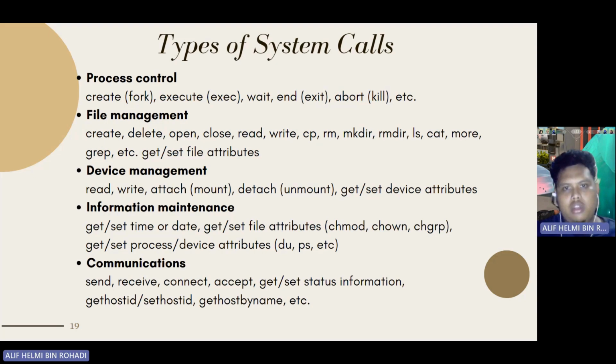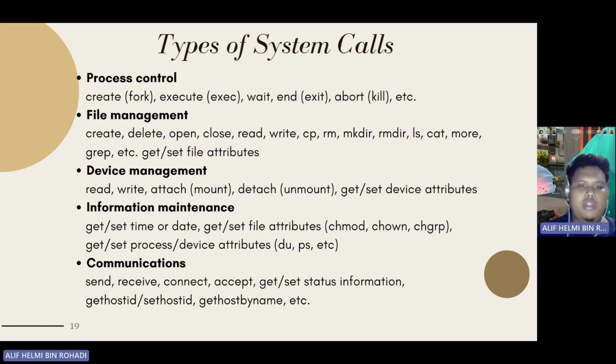Process control can create, execute, wait, and abort. File management can delete, create, open, close, read, write, and so on. Device management can read, write, attach, detach, and get and set device attributes.